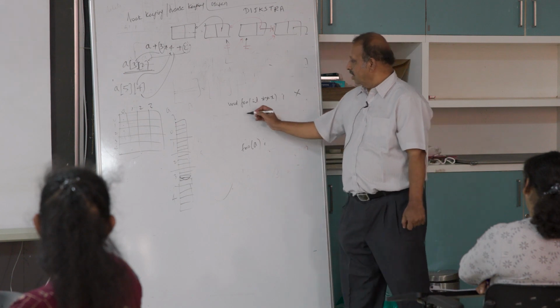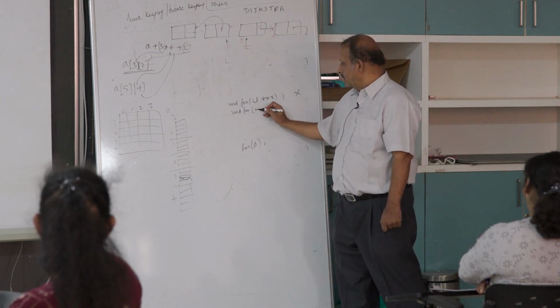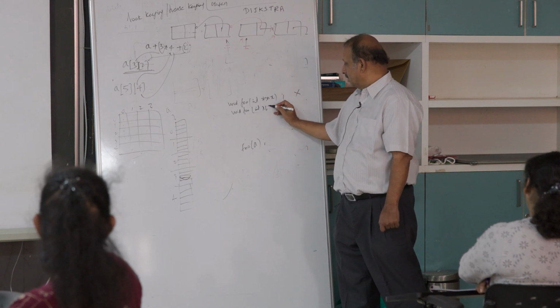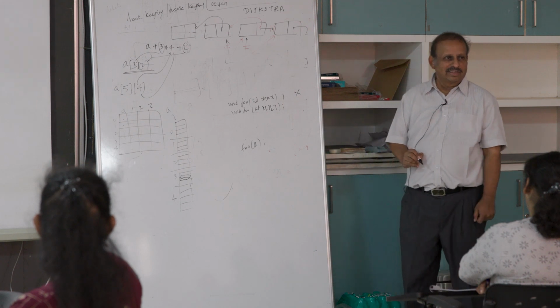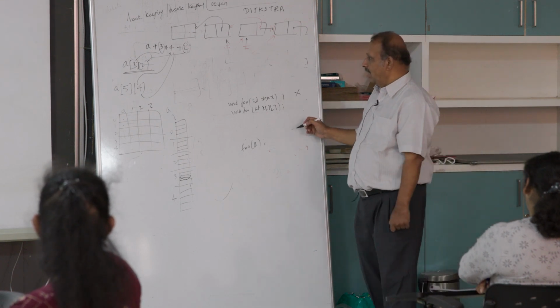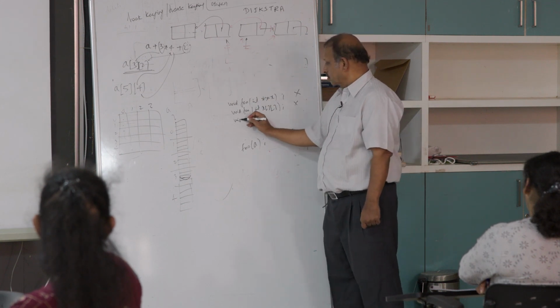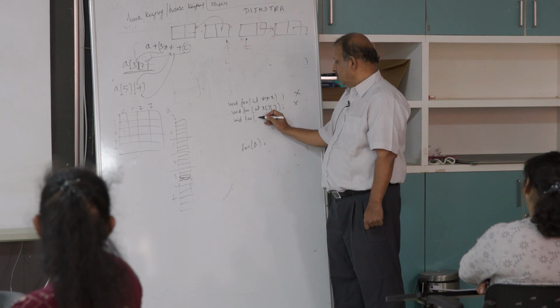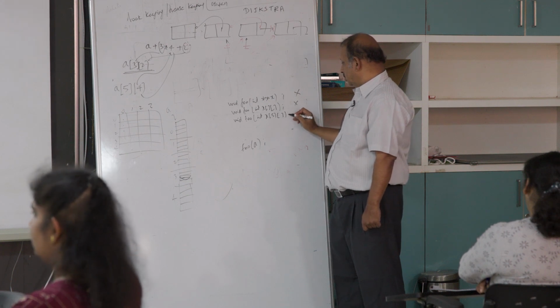Or can I say something like void foo int x square bracket, another square bracket, like this? Can I do this? No, because none of this will help me in finding the element. How about something like this?